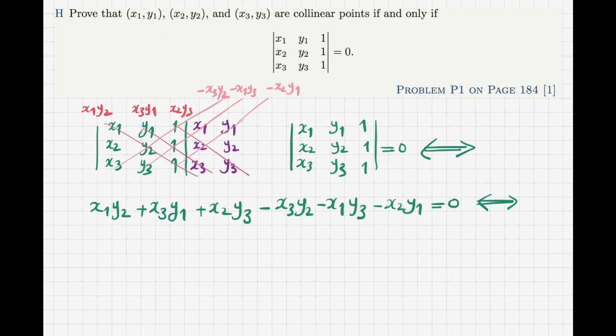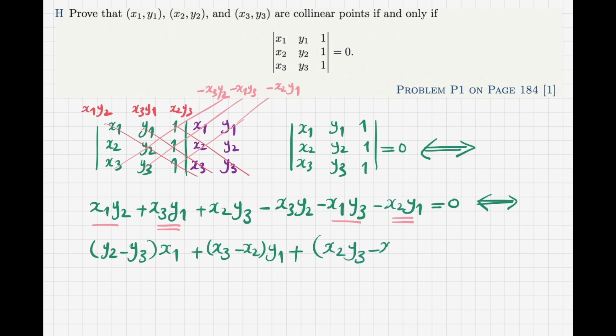So I take these two terms together, the ones that have x1, and I factor x1 out, so it becomes y2 minus y3 times x1. Then I take these two containing y1, and I factor y1 out, so it becomes x3 minus x2 times y1, and then finally I write these two terms in a pair of brackets.